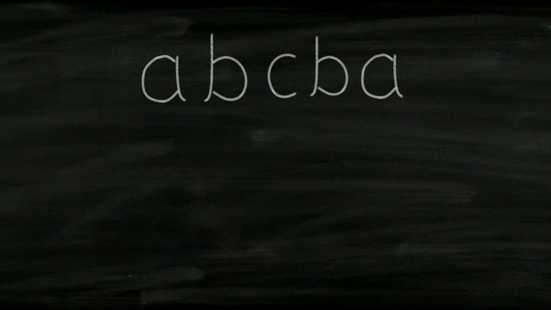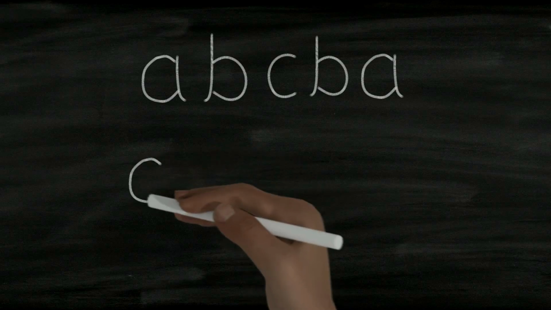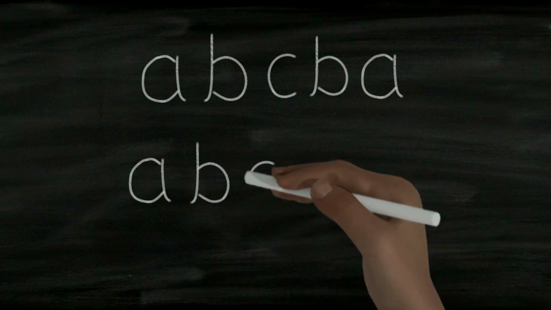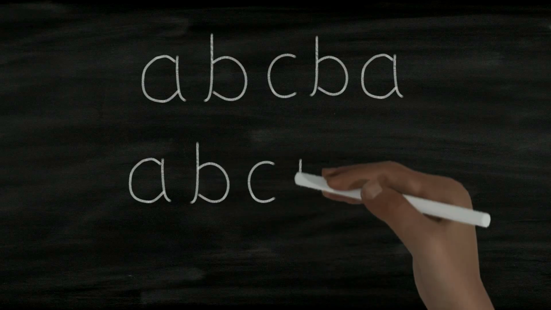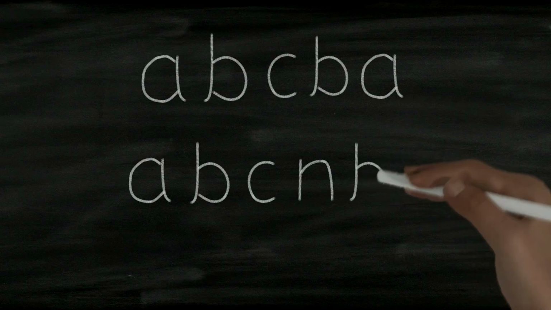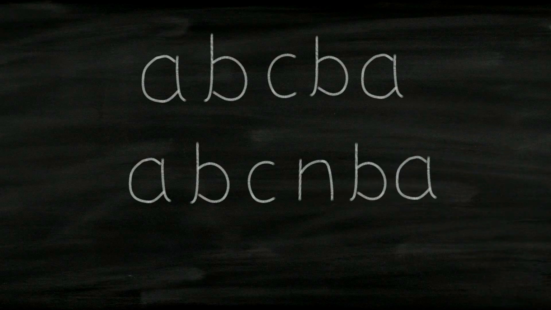So what the problem is asking is, if we have a string that's almost a palindrome, let's say A, B, C, N, B, A, in this case, if we remove C, that would be a palindrome. If we remove N, it could also be a palindrome.